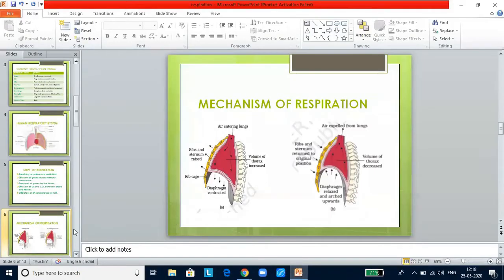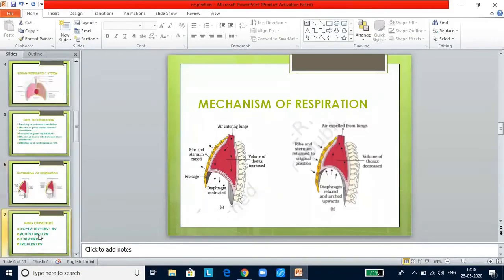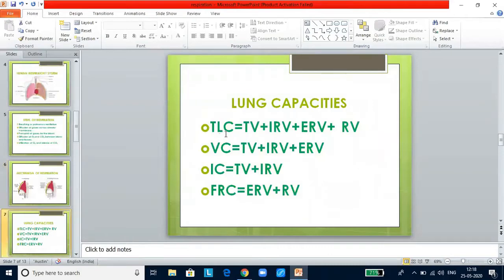To help you remember this, there is a slide which tells you: total lung capacity is TV plus IRV plus ERV plus RV. VC is equal to TV plus IRV plus ERV. IC is equal to TV plus IRV. FRC is equal to ERV plus RV. So make a note of these things.